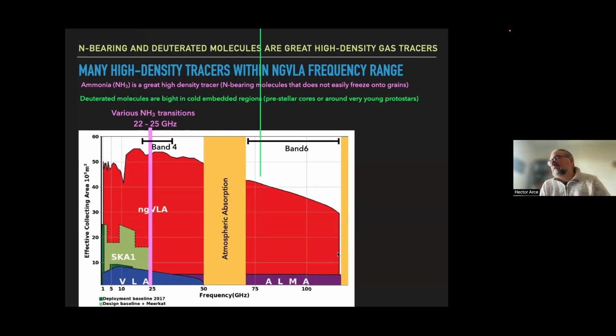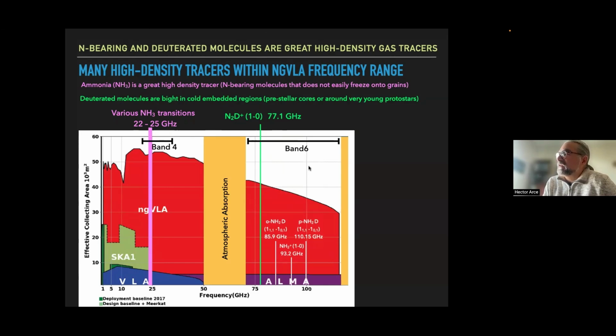And among those different bands, we have the transitions from molecules that are very good at tracing dense gas, like ammonia in the 20 to 25 gigahertz frequencies in band 4, and N2H+, but now the 1 to 0 transition at 7.1 gigahertz, and all other transitions and molecules that are very good at tracing dense gas as well, like deuterated ammonia and N2D+.